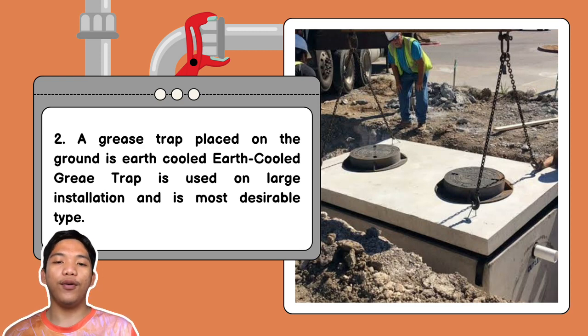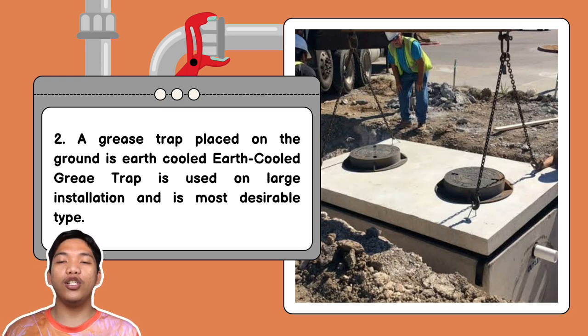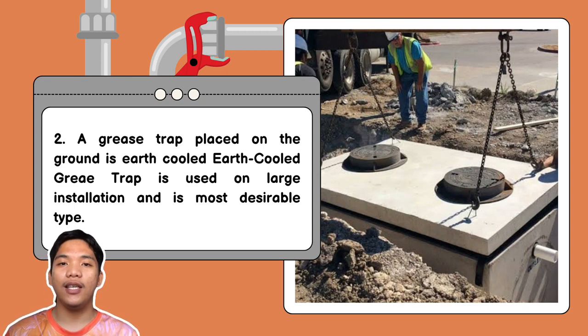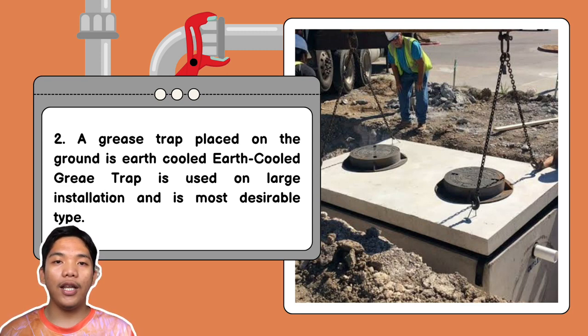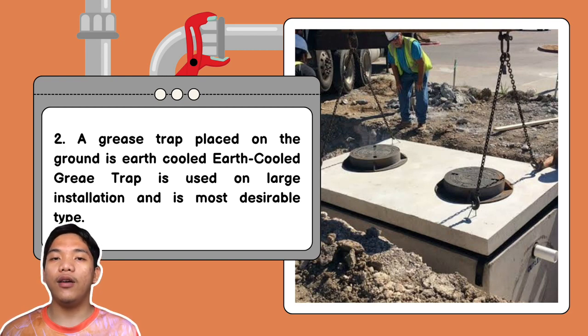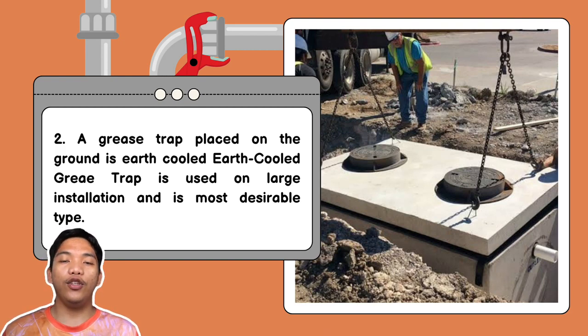So itong si earth-cooled grease trap is usually ginagamit nga talaga ito siya sa mga restaurants, the fast food chains, since marami yung nakakollect nilang mga fats and oils, since fast food chain nga, 'di ba, is they are most of the time gumagamit sila ng oils. Kaya ito yung si earth-cooled ang usually ginagamit.